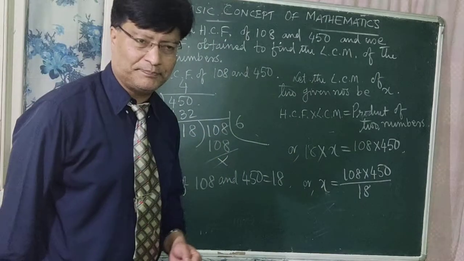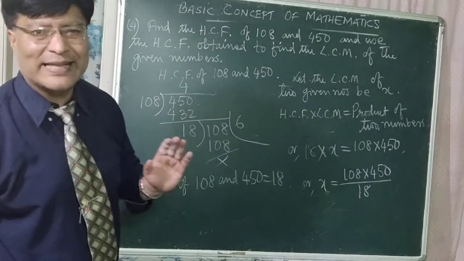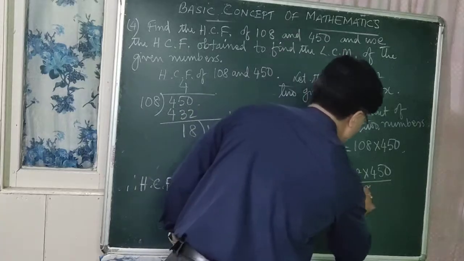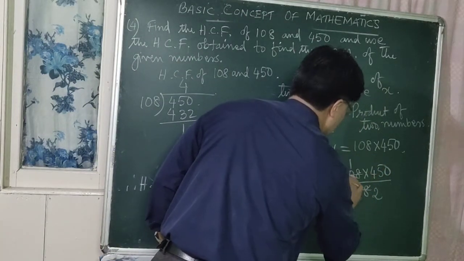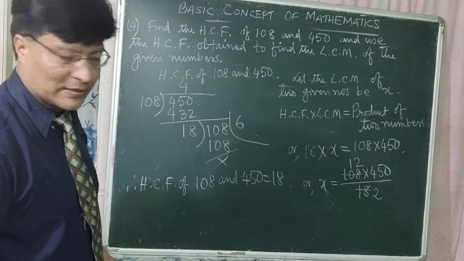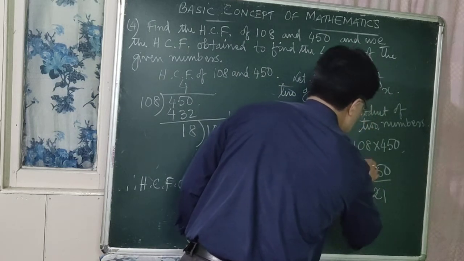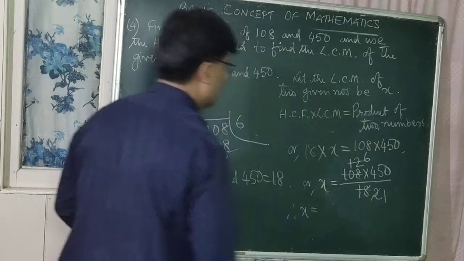Now we can cancel it. So 108 and 18, you can cancel it by 9. 9 2s are 18. 9 12s are 108, so 108 divided by 18 is 6. Is that right? So therefore, what is X now?